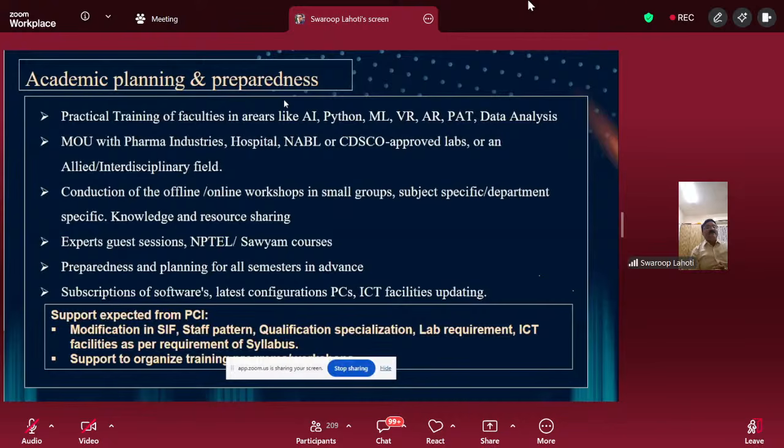At the same time, there should be support from regulatory bodies like the Pharmacy Council of India to organize workshops, seminars and training programs on this syllabus, on a small or larger basis, so that together we can definitely give the maximum output of this syllabus.